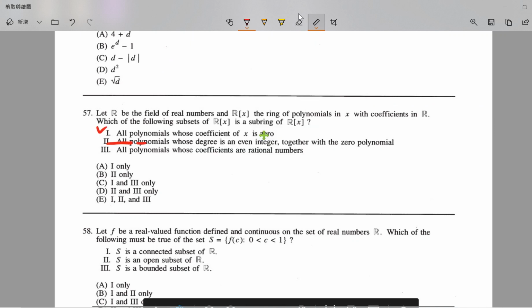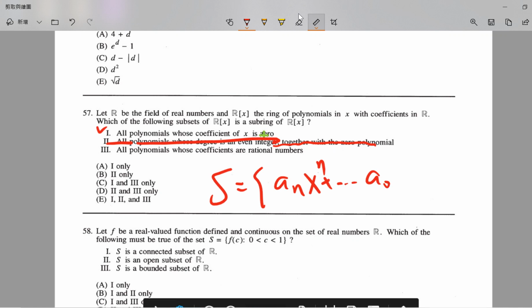Second, all the polynomials whose degree is an even integer, together with the 0 polynomial. So S is a_n x^n plus up to a0, where n is even, union with 0. Is S a subring?